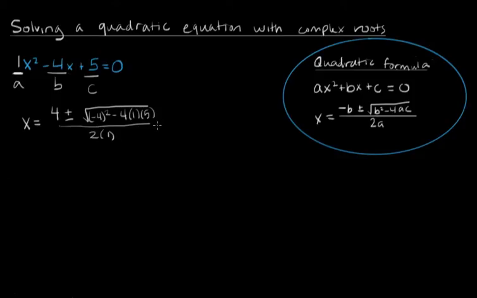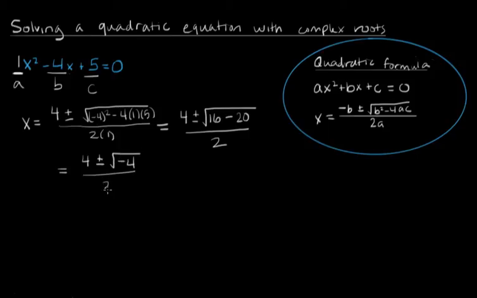Okay, so this is equal to 4 plus or minus the square root of 16 minus 20, all over 2. So this is equal to 4 plus or minus the square root of negative 4, all over 2.